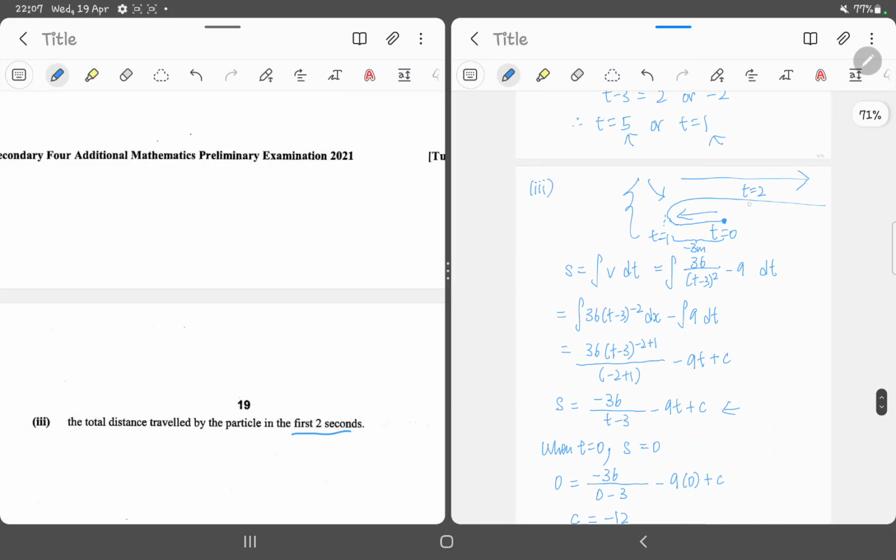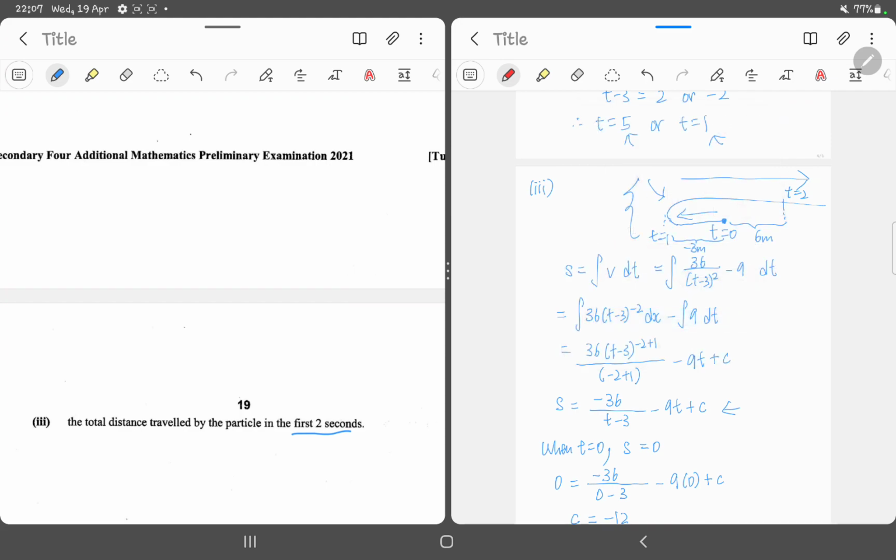So here, let's say, is at t equals 2. It is actually 6 meters away from the origin.